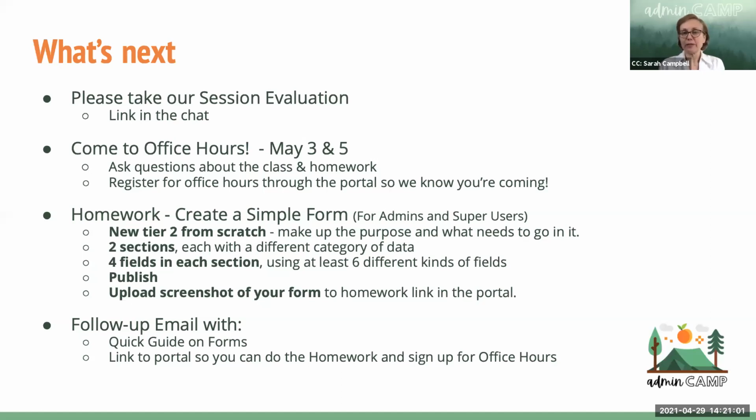Have 2 sections, each with a different category of data that fits the purpose of your form. 4 fields in each section, that's minimum, and use at least 6 different kinds of fields. And I challenge you to use some that you've never used before. Then publish the form, and take a screenshot of it. That is how you will turn in your homework, is to upload a screenshot of your form.